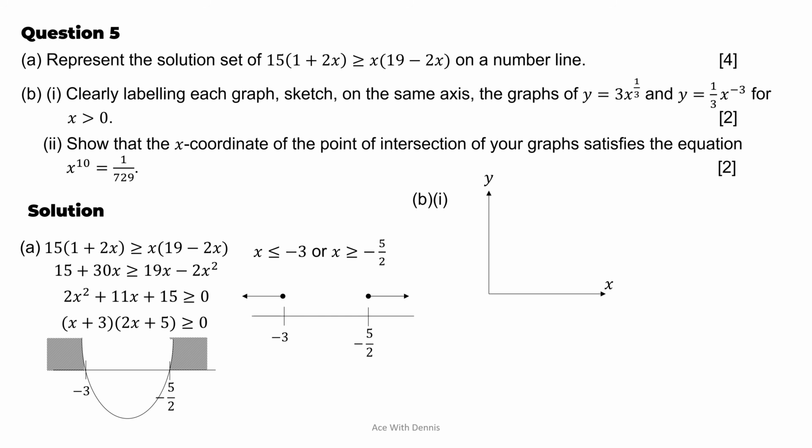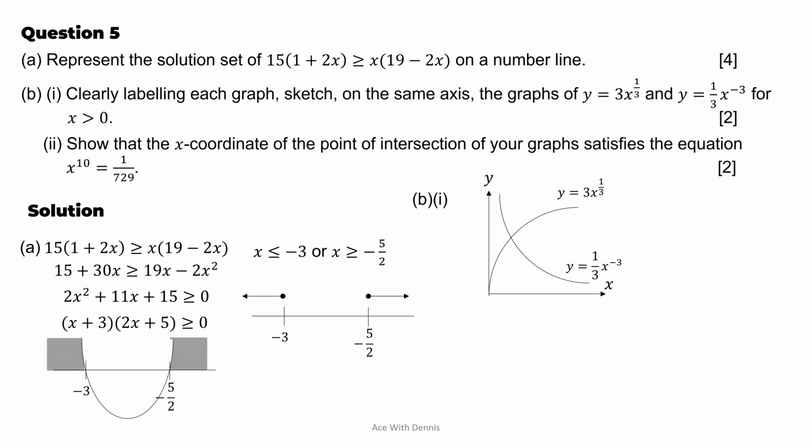For B, part 1, I want to plot the graphs. x must be greater than 0, so we only consider the positive part of x. So for the first equation, which is y equals 3x to the power 1 over 3, this is how the graph looks.